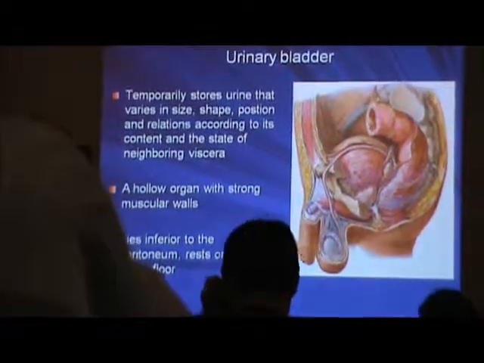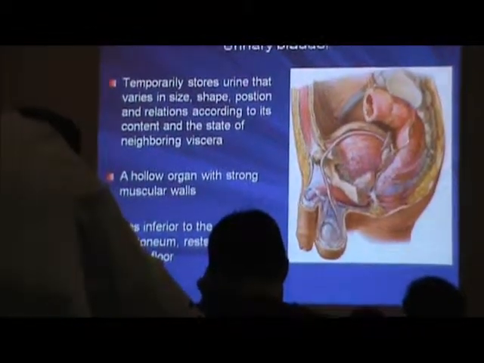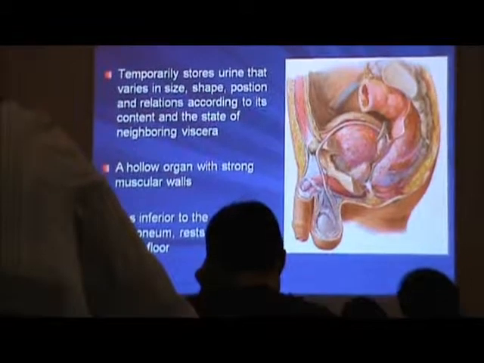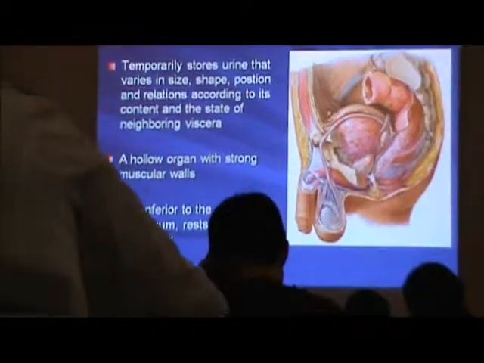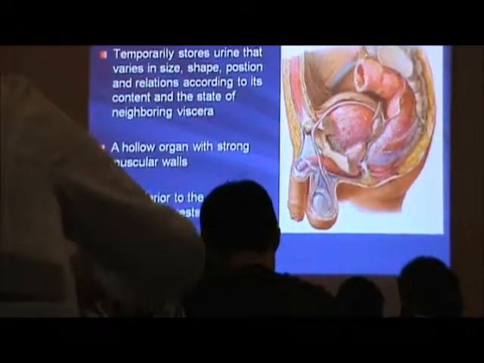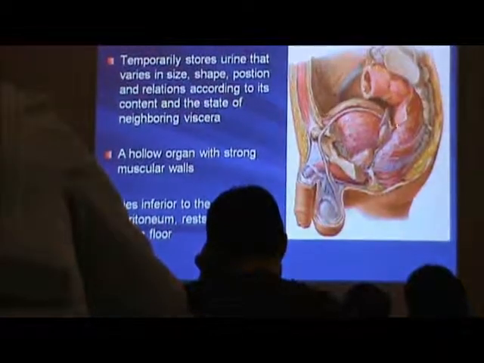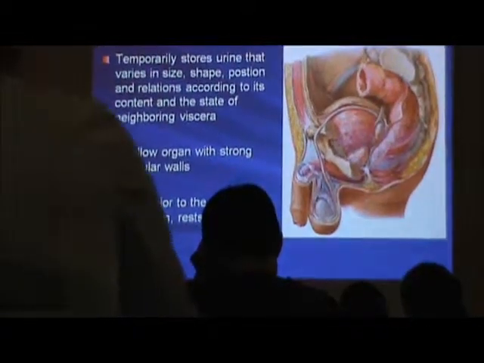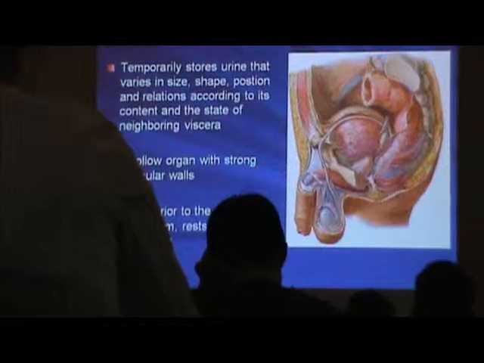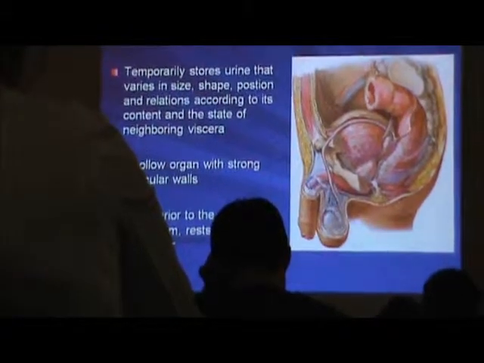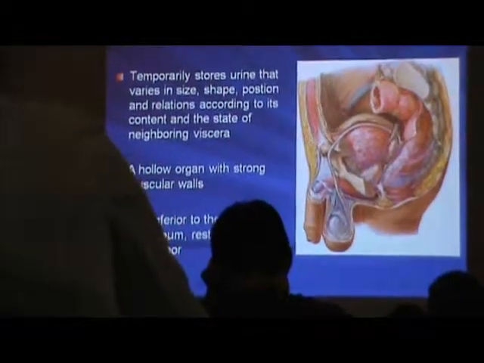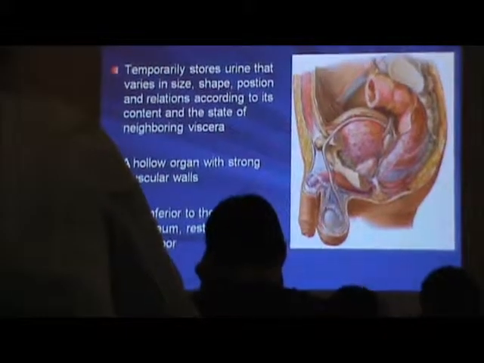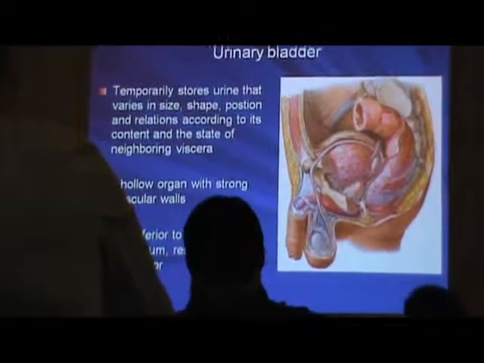The urinary bladder temporarily stores urine and varies in size, shape, position and relations according to its content and the state of neighboring viscera. It's a hollow organ with strong muscular walls. It lies inferior to the peritoneum and rests on the pelvic floor.